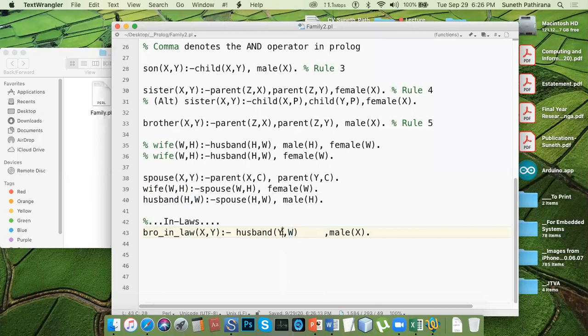X is an outsider, but the relationship between X and Y, they are brother-in-laws.